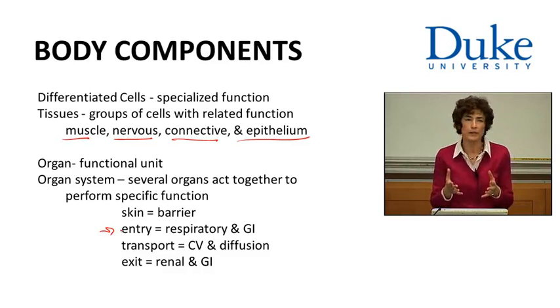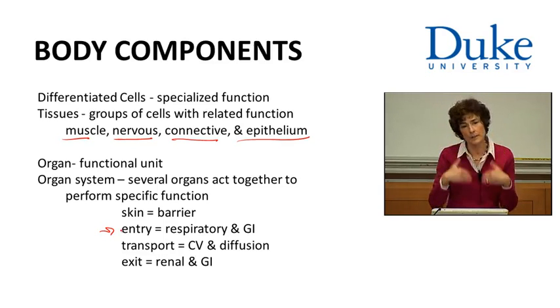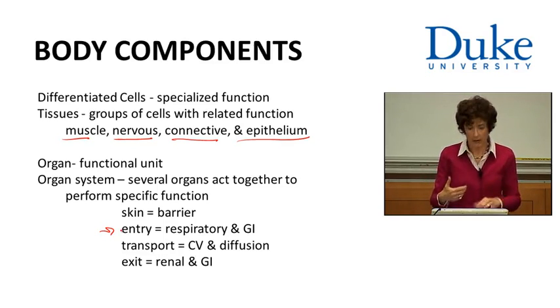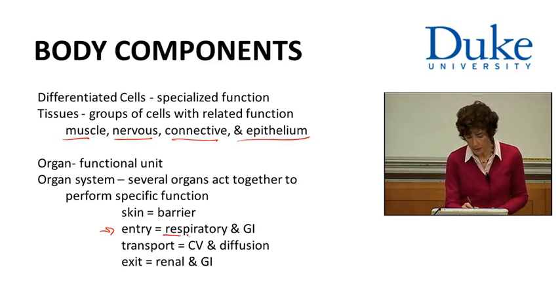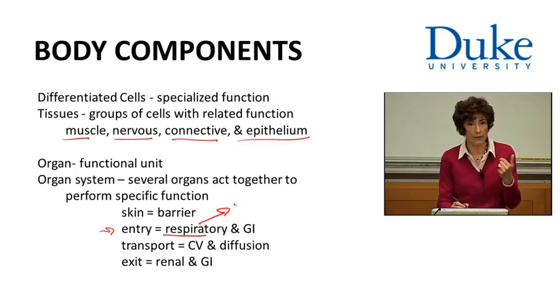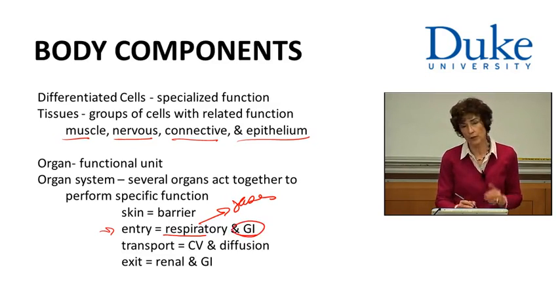The second of the organs that we need to deal with then are organs that are going to overcome the barrier of the skin, and that is organs that allow us to have entry into the body. For instance, the respiratory system, which allows entry of oxygen and the expulsion of CO2. So we have gases that can come in and out of the body. And we have the GI tract, or the gastrointestinal tract, which allows food or nutrients to enter into the body and then solid waste to be removed from the body.